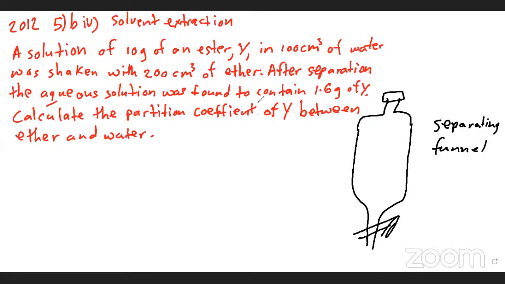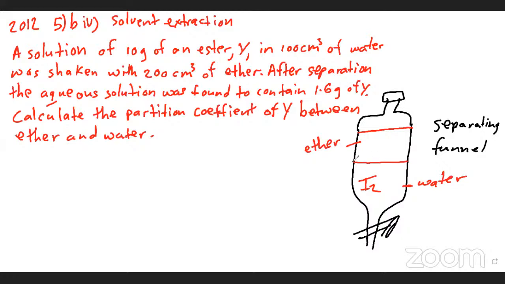All right, in solvent extraction, what happens? You will have two solvents. For example, you have water, and you have a particular organic solvent, so let's say ether. Let us say you have a particular component, let's say iodine, in water.